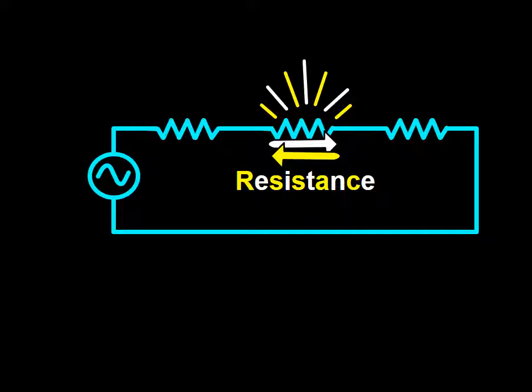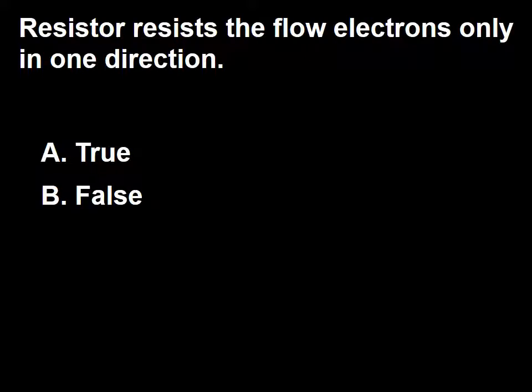This variation is believed to be the consequence of unintended production of electrical and magnetic fields and the reaction of the wire to them. So the answer to this question is A.